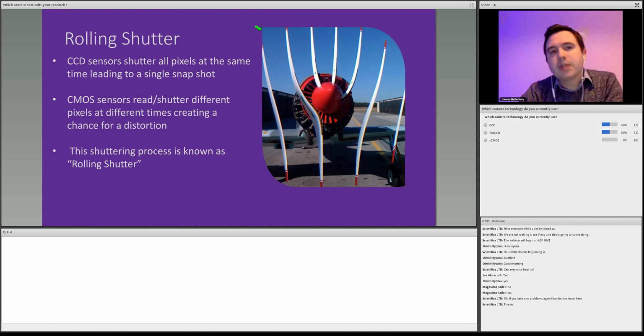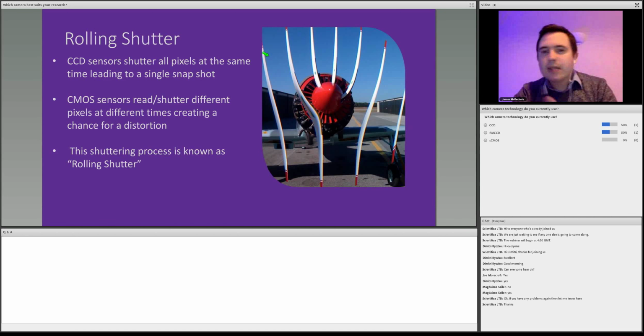What will have happened is the first row will have exposed and read out, but in the time it takes to start exposing or reading out the next row, the propeller will have moved around a little bit. As we go down, we're moving at about the same rate as the propeller, which gives us this very strange looking artifact. Obviously, on this plane, it doesn't look like this in real life.